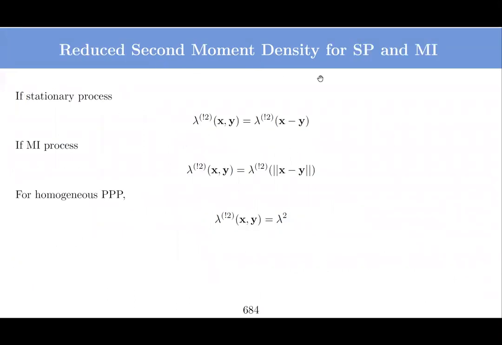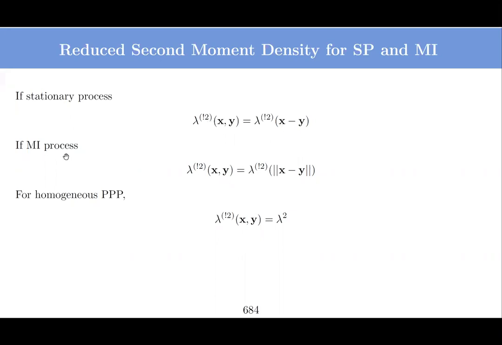If a process is stationary and motion invariant, let's see how the second moment density will look. If the process is stationary, then the second moment density would be just a function of x minus y. It does not depend on the absolute location of x and y, but just on the relative location of y and x.